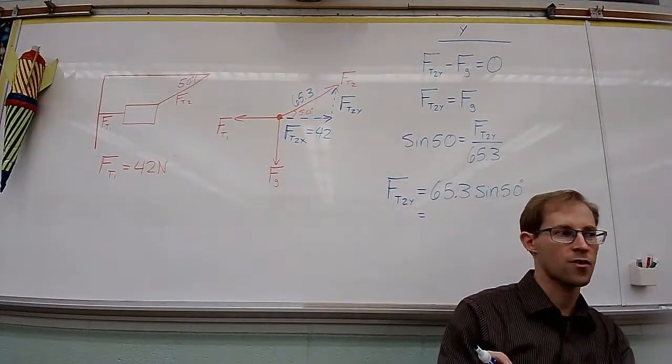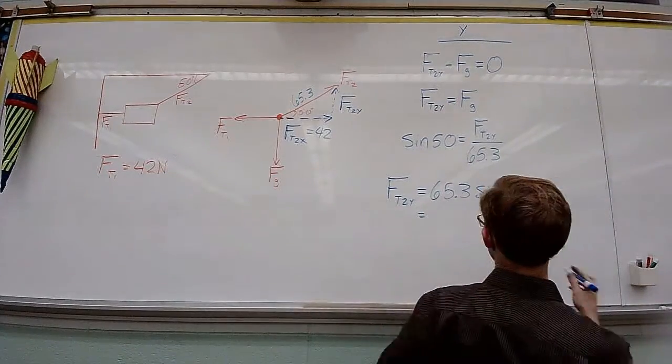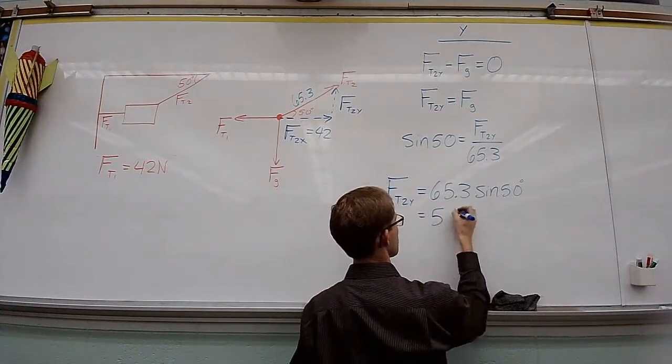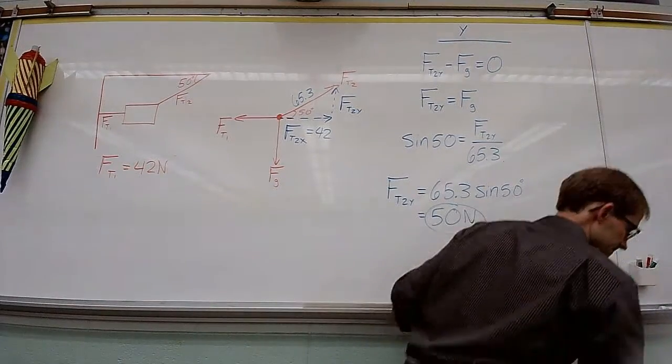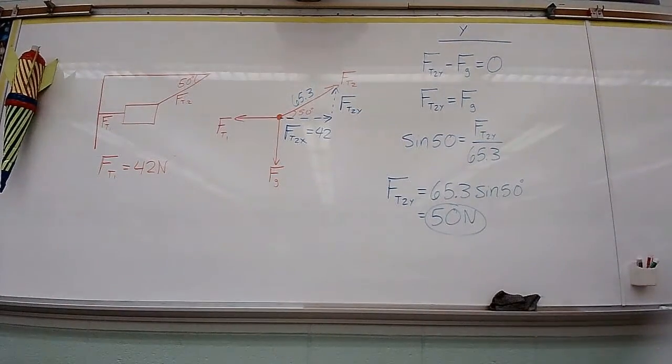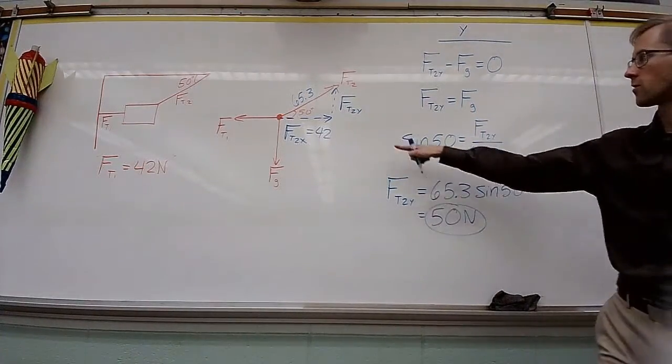And if you do the math right on this one, you should get an even 50. So in this case, 50 newtons is equal to tension 2 in the y direction.